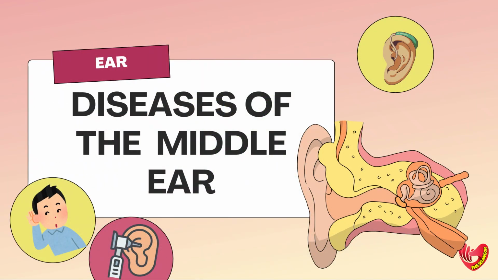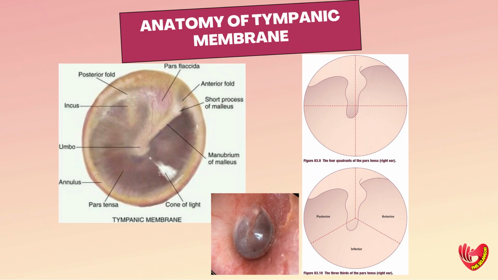The next topic is the diseases of the middle ear. The tympanic membrane, also known as the eardrum, is a thin cone-shaped membrane that separates the outer ear from the middle ear. During otoscopic examination, we need to look at the character of the tympanic membrane. First, the color. Pearly grey is indicative of a normal tympanic membrane, while redness is suggestive of infection.